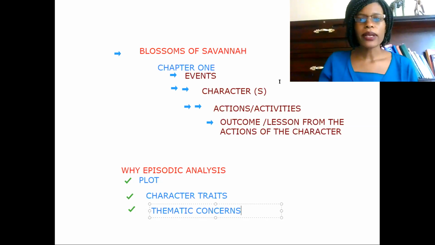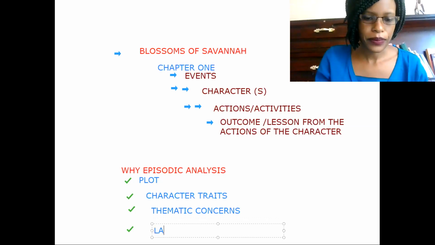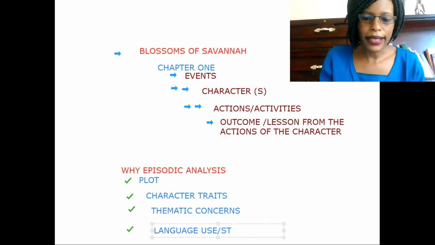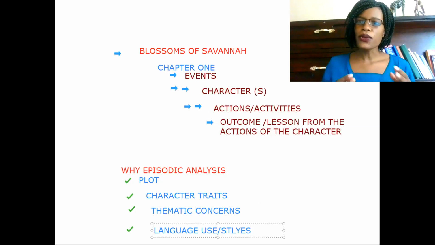Then lastly, but not least, we get to learn about the way the author uses language. So language use, and here I want it to come out as styles: the styles the author uses, or the language he uses to pass that message.